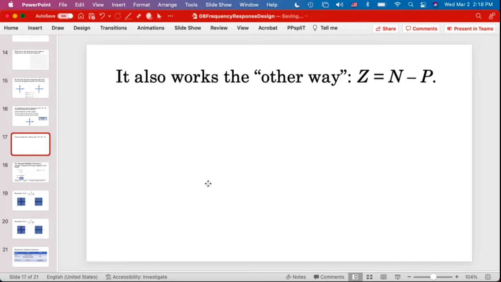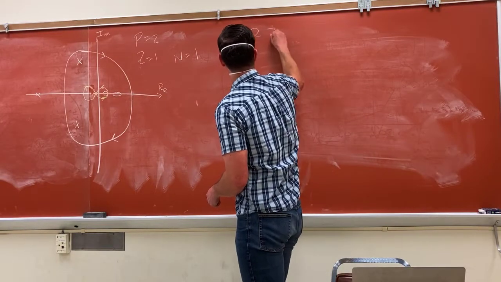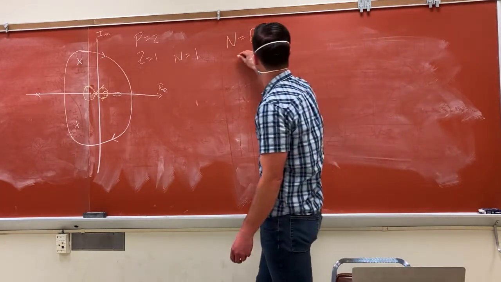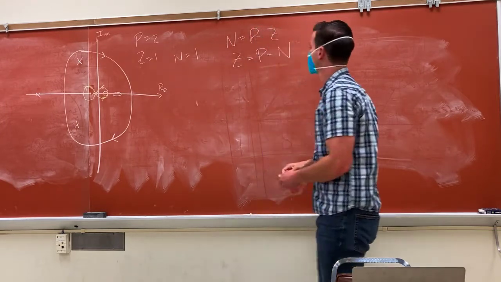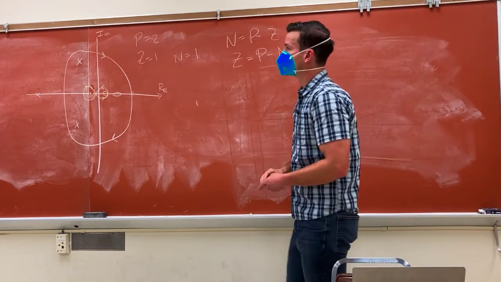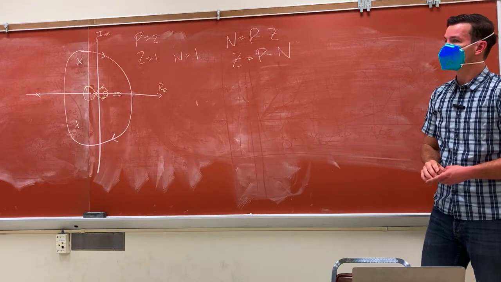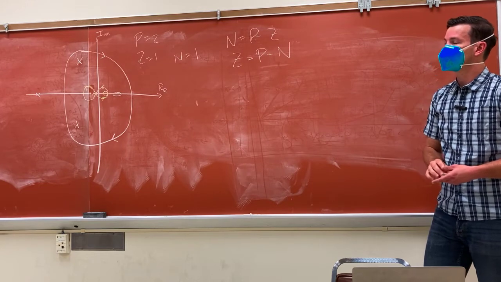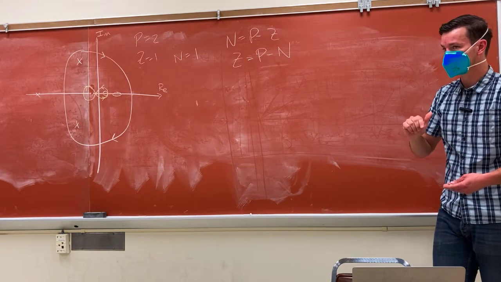We can also apply this in the other direction. So we had n equals p minus z. If we know two of these things, we can get the other. So in particular, we are mostly going to use it this way: if I know the number of poles that a contour encircles, and I know the number of resultant encirclements of the origin, then I can work out how many zeros the domain contour encircles.